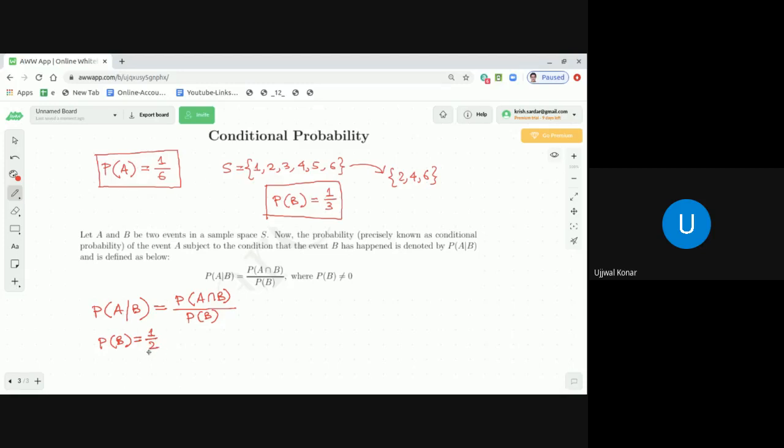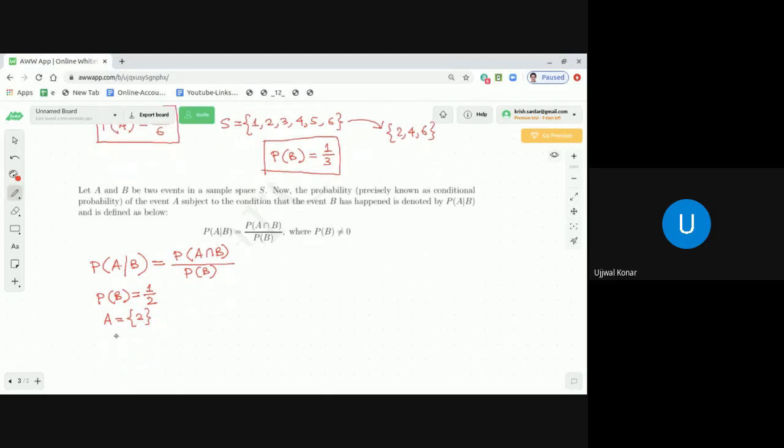Now, A is getting the face 2, so its set theoretic representation is {2}. And event B is that you get an even face, that means {2, 4, 6}.